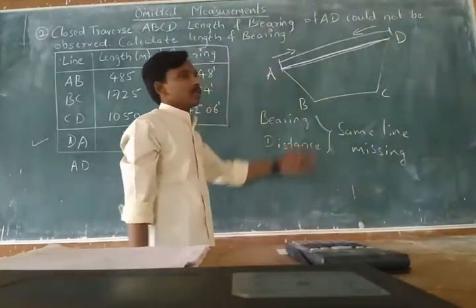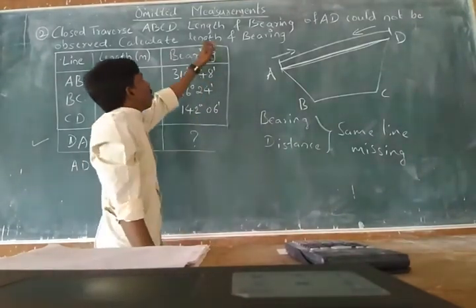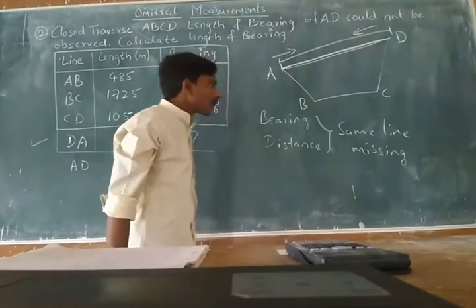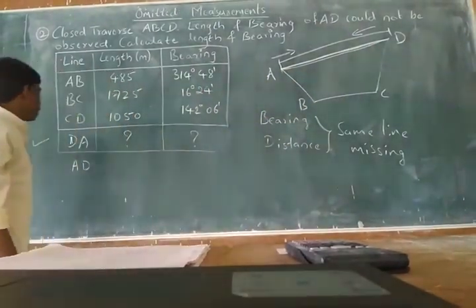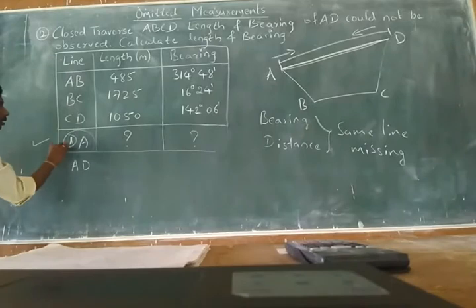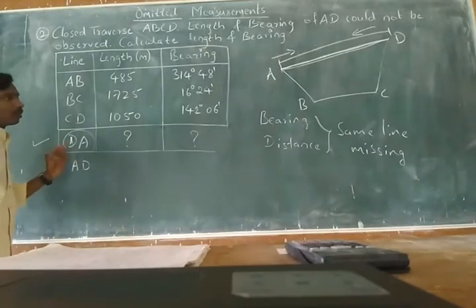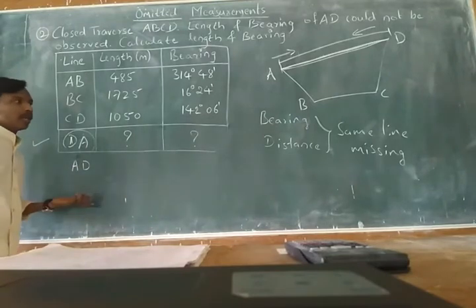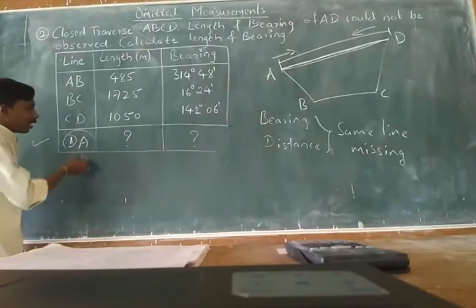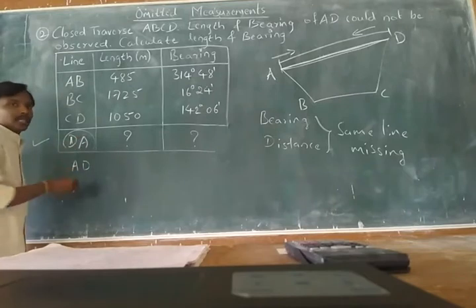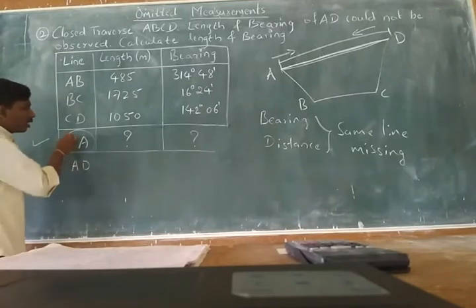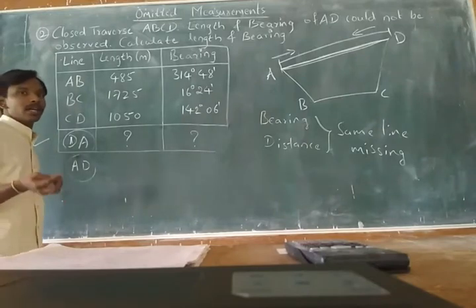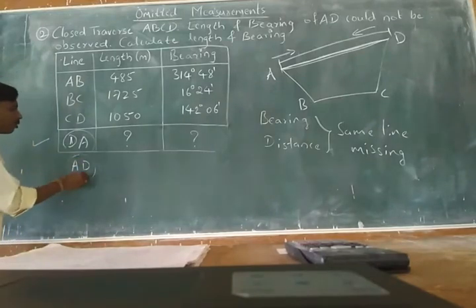So they have asked for the length and bearing of AD, but AD means nothing but DA, because the lengths are the same. If we get the bearing of DA, then the back bearing or fore bearing will become AD. If we add 180 or deduct 180, it will give the value of AD.